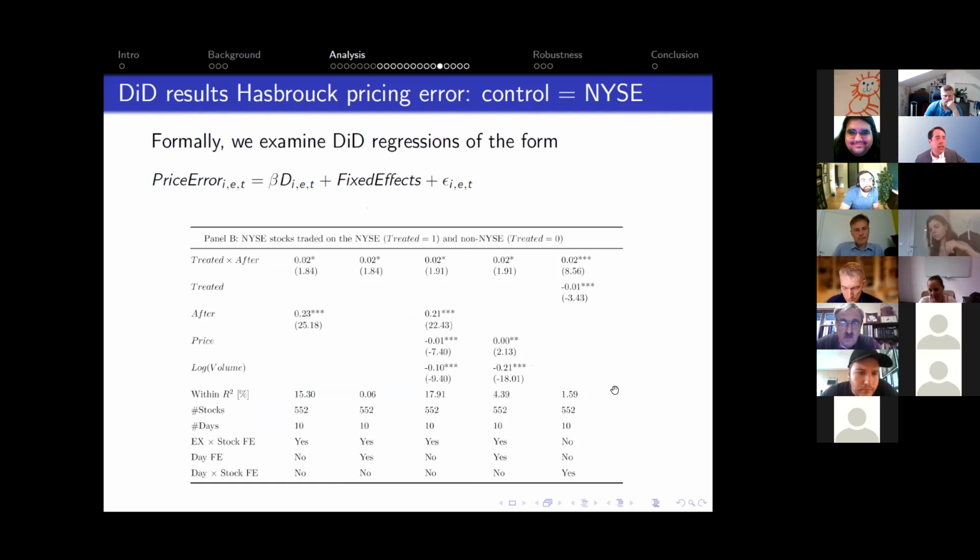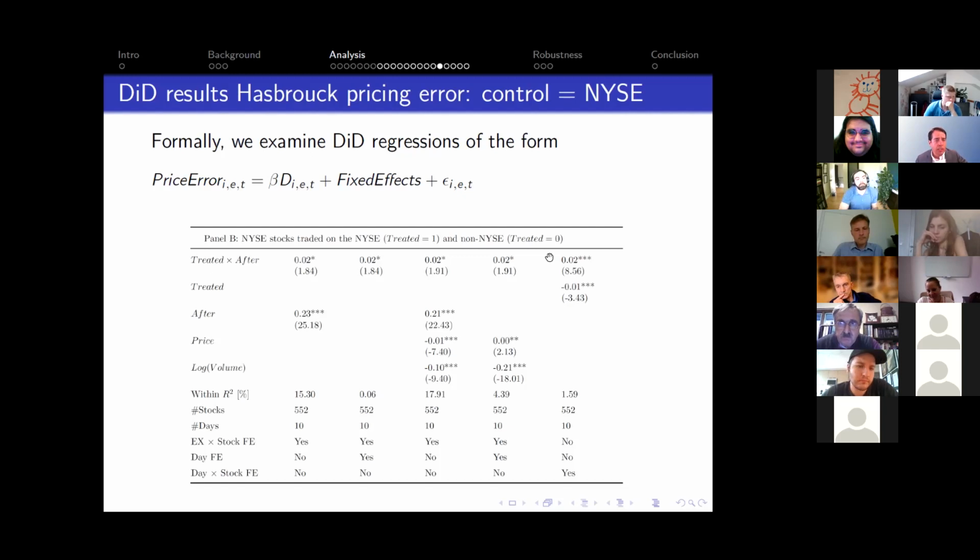The effects are a little bit smaller, but there is a 2% increase in pricing errors for trading in GE on the NYSE relative to trading in GE on BATS and NASDAQ and all the other market venues, right? So different identifying assumptions, different specifications, exact same results, which I find pretty comforting all the way through.